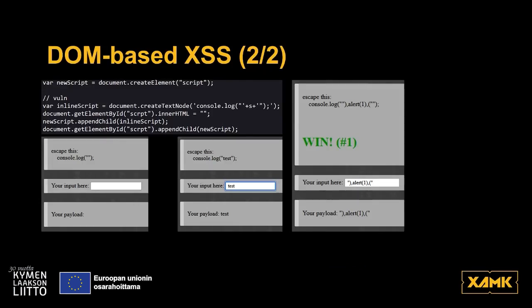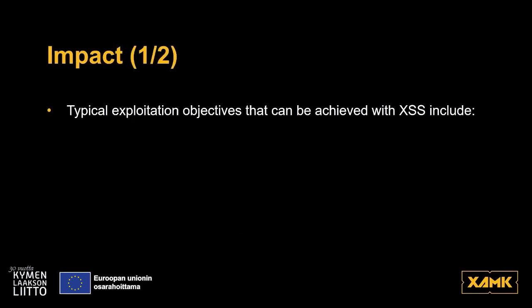We won't get an alert box in this case, because this is my own self-made application, and in the development phase, it got quite irritating to see those hundreds and hundreds of alert boxes, so I just made it so it writes win instead. But that's basically DOM-based. There's no request or response in between, so when you type, you see what happens.